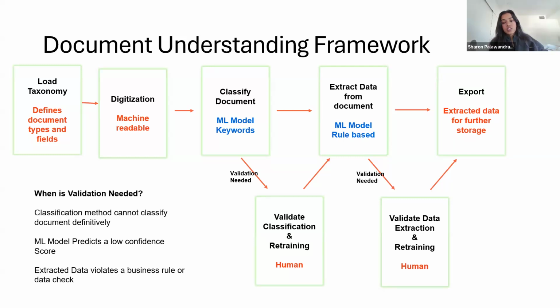And next, there is a component called classification. Now, the art of the possible is you do not have to work with one set of document types within a DU framework. You can process multiple document types. In the classification stage, the classification model identifies what document type you're trying to process.